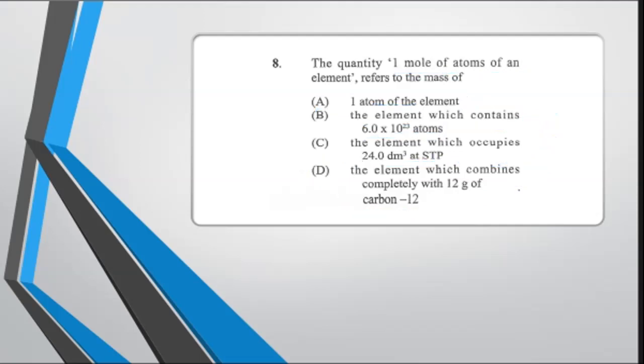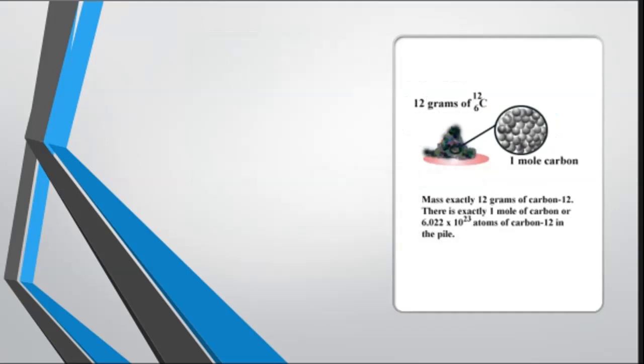So the answer to question 8 is D, as in dog. Right, and this is so because in the mass of exactly 12 grams of carbon-12, there's exactly 1 mole of carbon, or 6.02 by 10 to the 23 atoms of carbon-12. So for each one of them, you have exactly 12 grams of carbon-12.